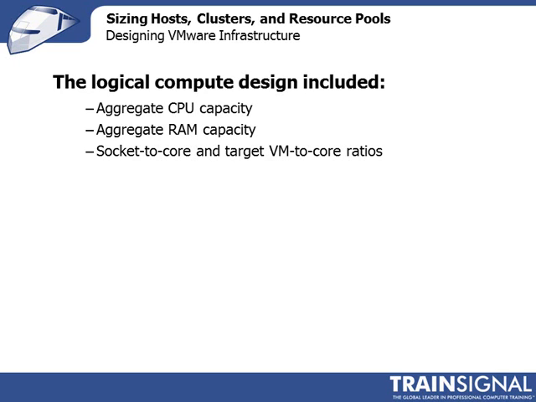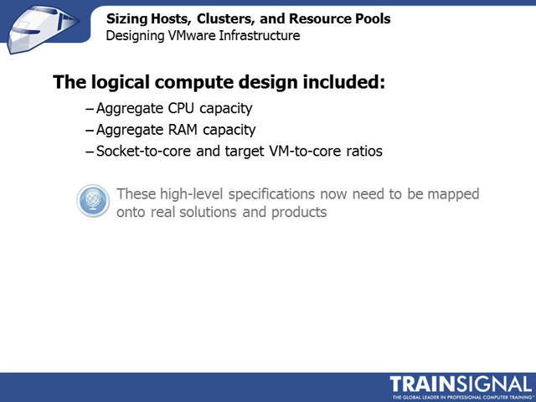What we're going to do now is take the high-level specifications found in the logical compute design and map those onto real solutions and real products. This is part of our ongoing process of taking the logical compute designs that we've defined in various areas of the VMware infrastructure and mapping those onto a physical design that can be implemented.